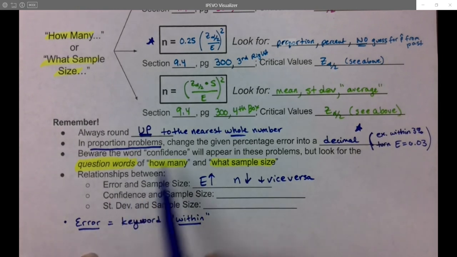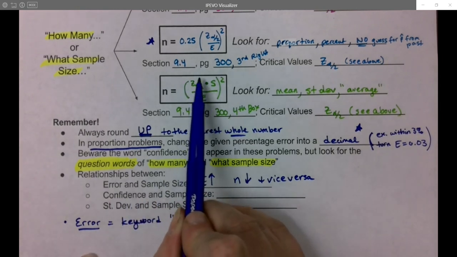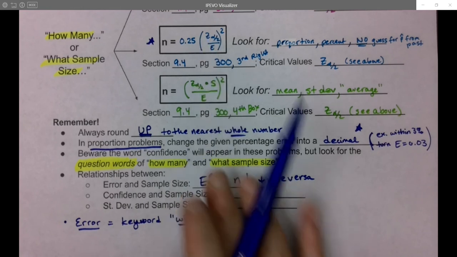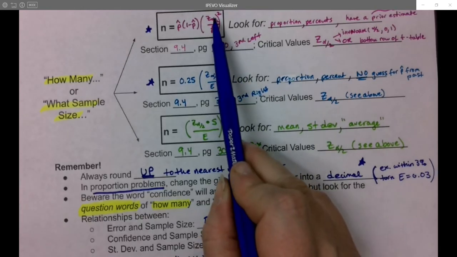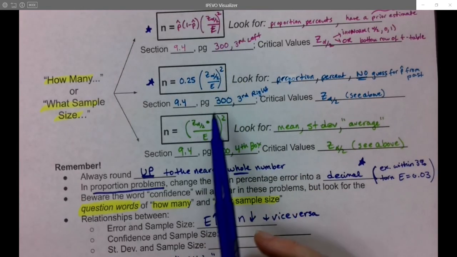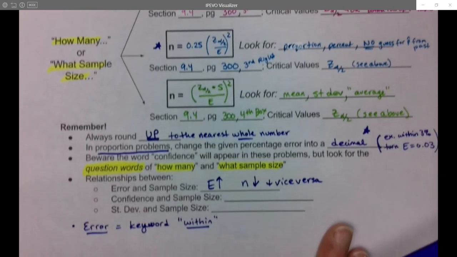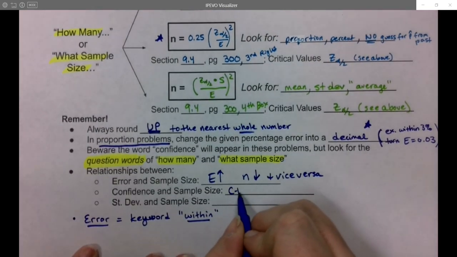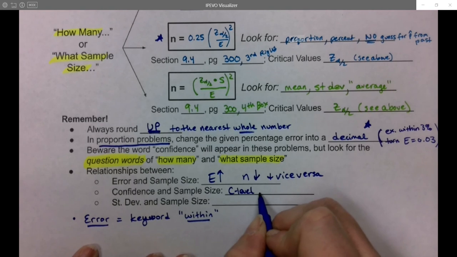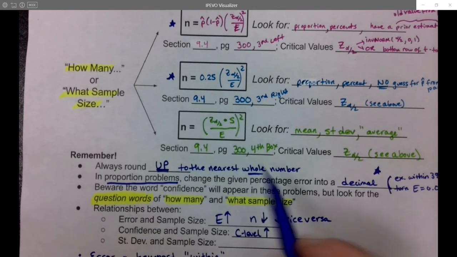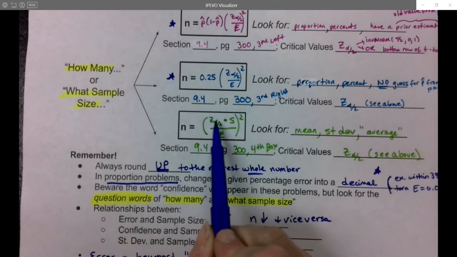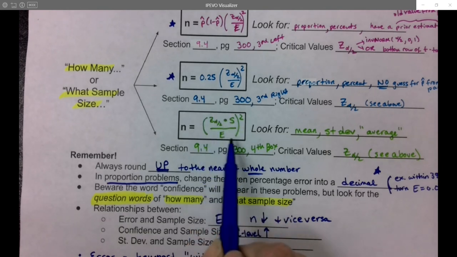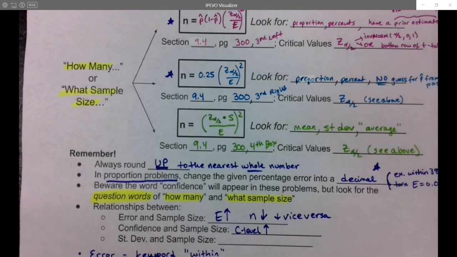Confidence. Well, the confidence going up would make this z-score go up, or this z-score go up, or this one. And those z-scores are in the numerator. So if they get larger, then the error gets larger. So if your C level increases, then the whole thing, because it's in the numerator, if that goes up and makes it a bigger number, then this whole thing is a bigger number, which means n is a bigger number.